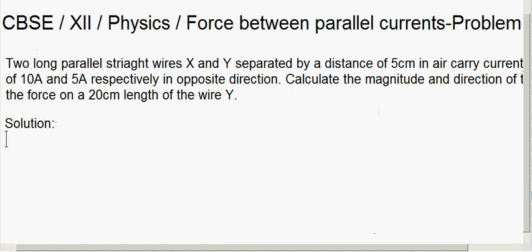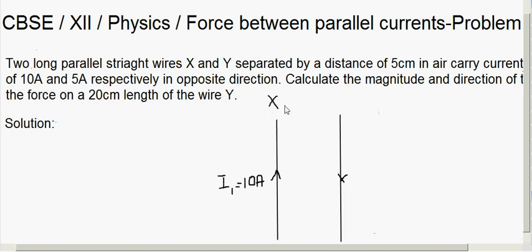Here given are two wires X and Y. We know the currents through them. Let us mark one current as I1 equal to 10 amps. If I assume I1 is in the upward direction, the currents are opposite, so in the wire Y it will be in the downward direction.